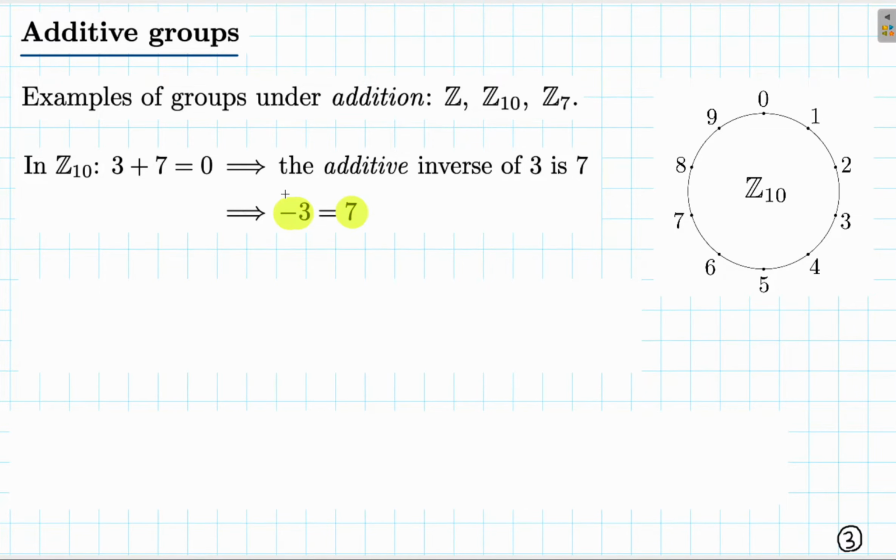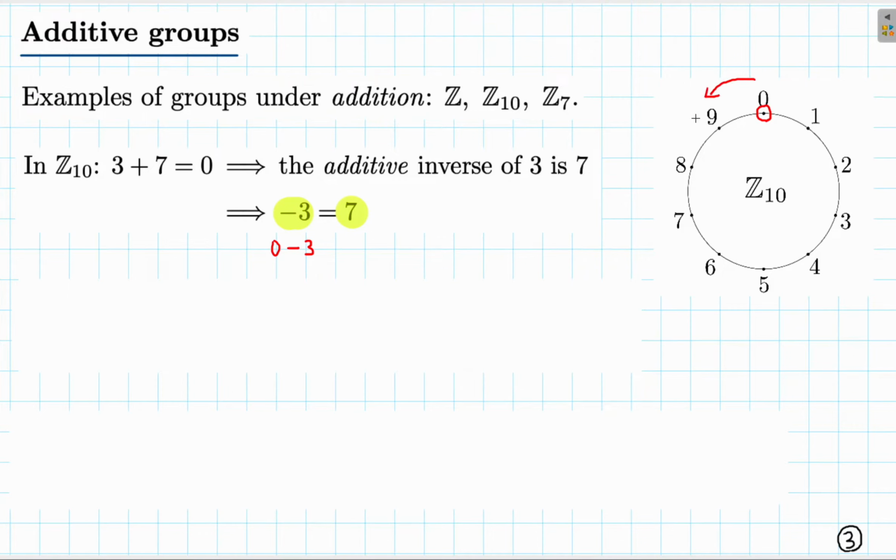Recall that when we think about -3, we would often write that as 0 minus 3. And in order to compute 0 minus 3 using the Z10 clock, we would start at 0 and then go counterclockwise 3 units.